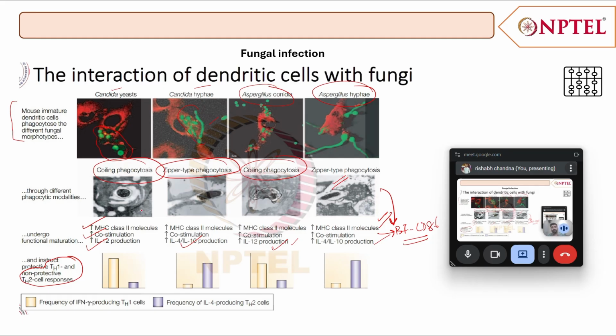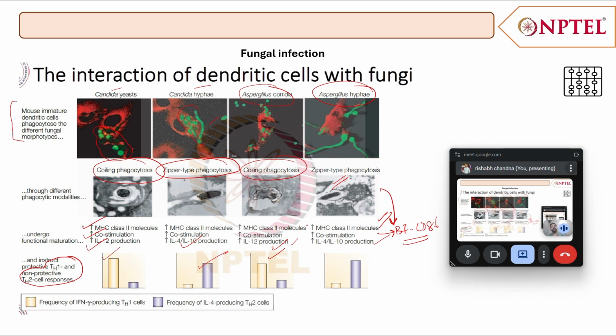So, as you can see, in the conidia case the Th1 cells producing interferon gamma are increased in number in both cases. Okay, while when the hyphae were used, the IL-4 producing Th2 cells were high in number as compared to the interferon gamma producing Th1 cells.